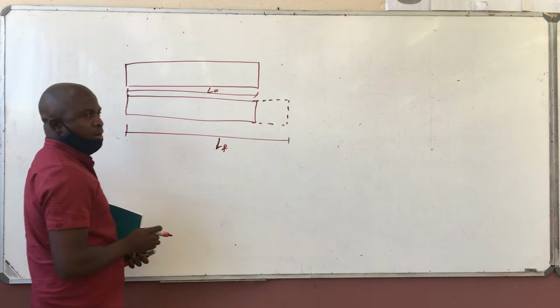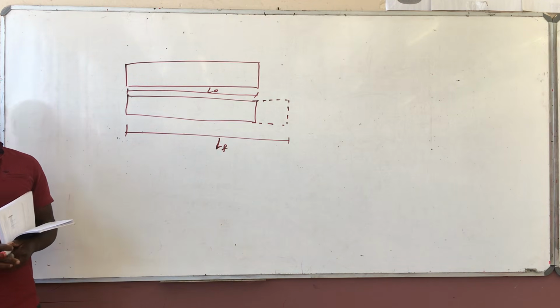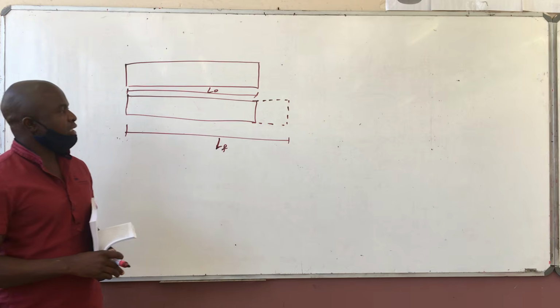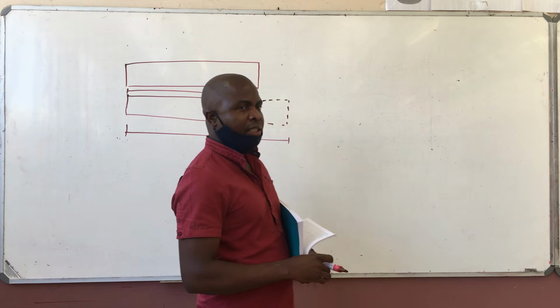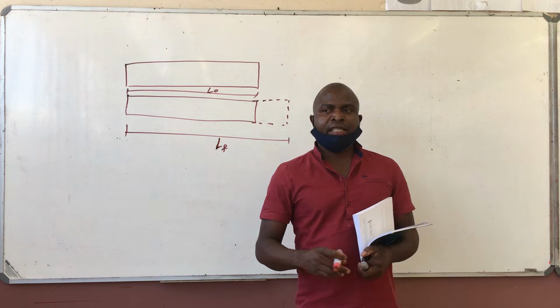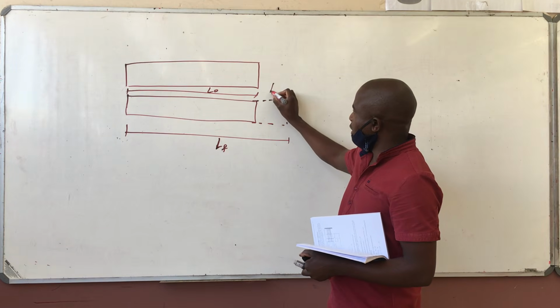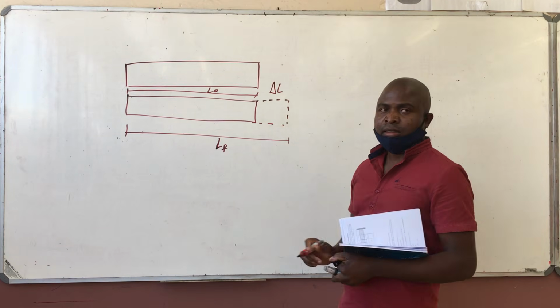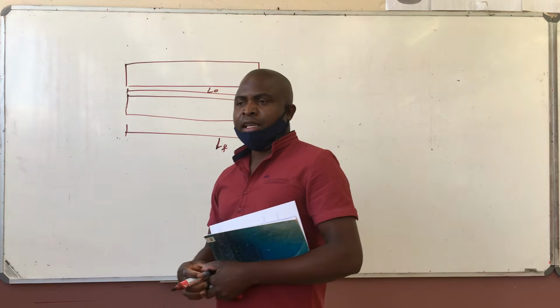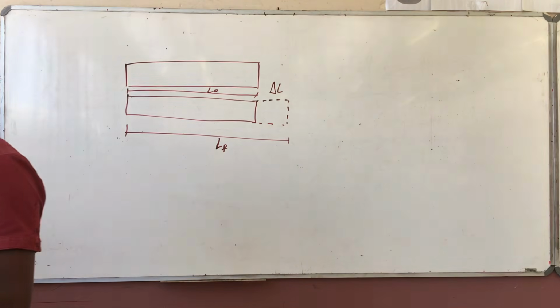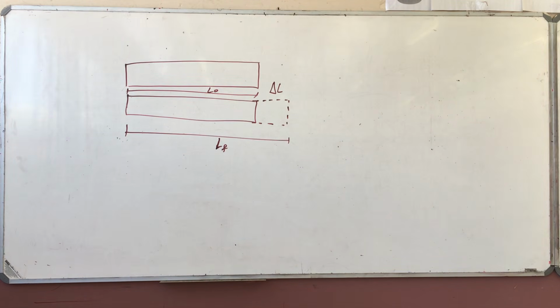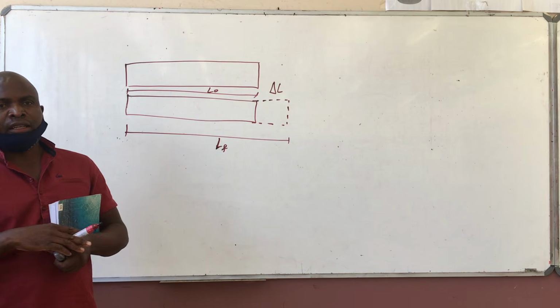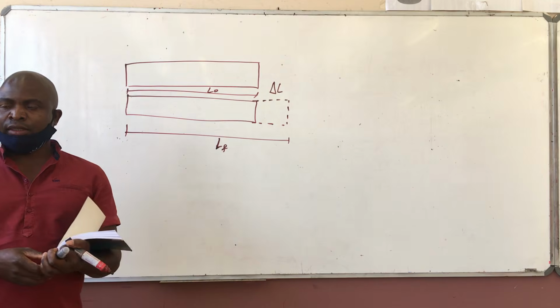So this one has changed. It has a change in length due to temperature. Due to temperature change, we will be using delta L, because that extension was due to temperature change. The same applies if you reduce the temperature, it will shrink.